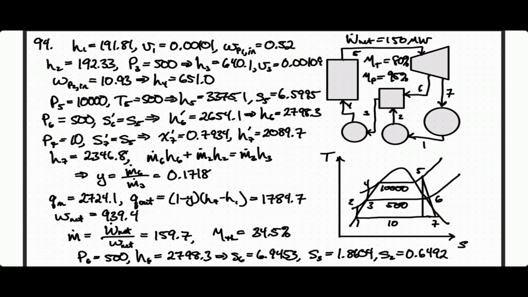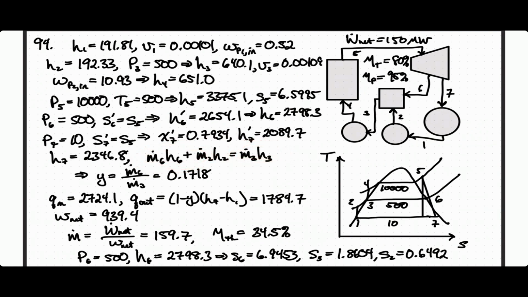Now we look at an energy balance on the open feed water heater, that's what we have here. Energy flow in, energy flow out.